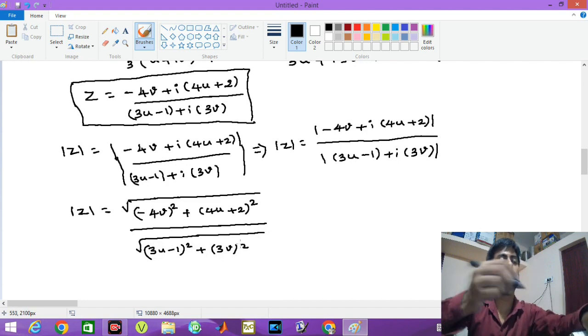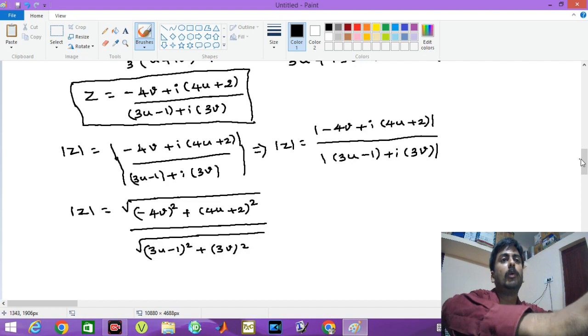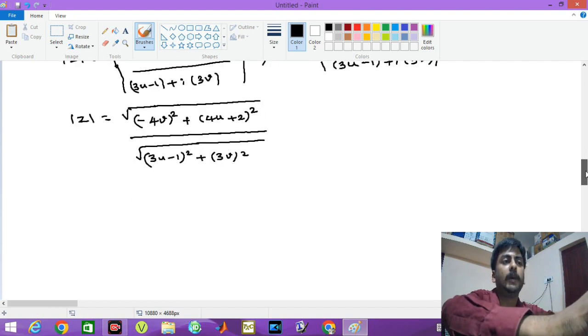Okay, so this is the value for modulus of z, but they have given a condition.